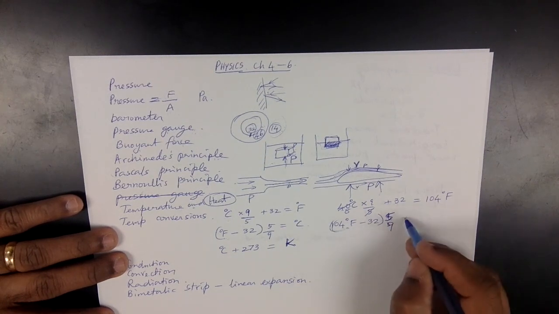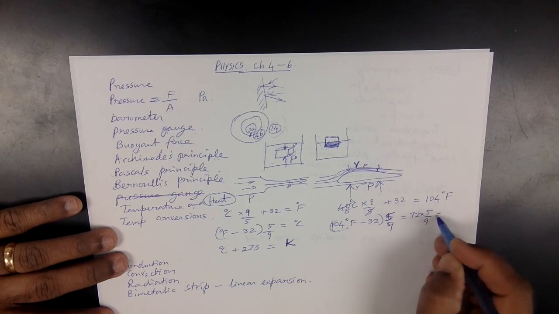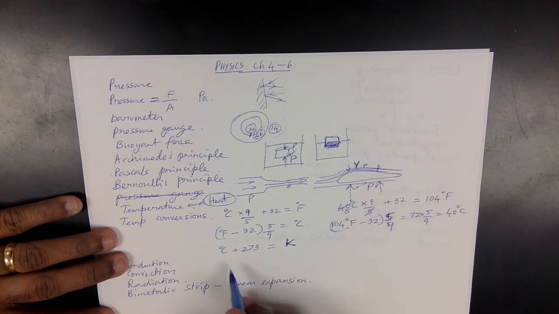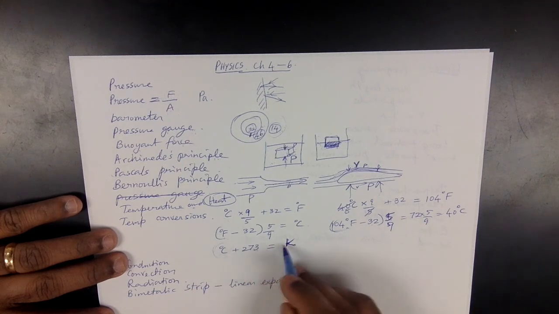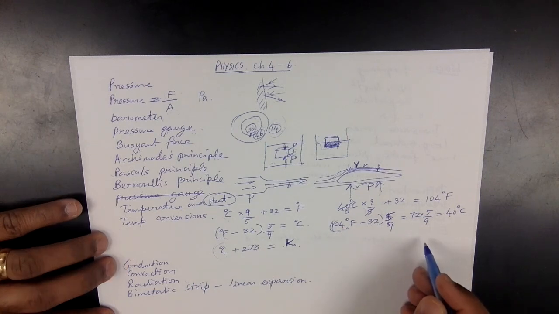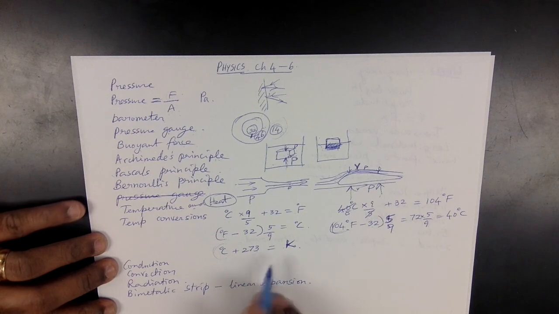Subtract these two and you get 72. So 72 times 5 over 9 gets you 40 degrees Celsius. Now to convert from Celsius to Kelvin, all you do is take the Celsius temperature, whatever it is, and add 273, you get it in Kelvin. Okay, so that conversion is something that you definitely need to know.